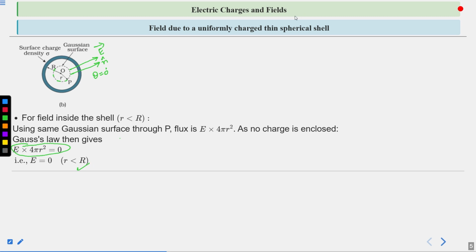This is due to a thin spherical cell. So both the point fields: a point inside the spherical cell when r is less than radius, and second, a point outside the spherical cell when r is greater than R, or we can say beyond the cell surface. So both are important for the exam.